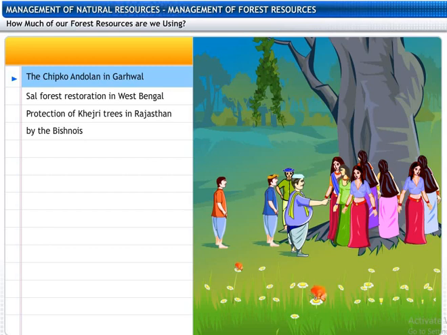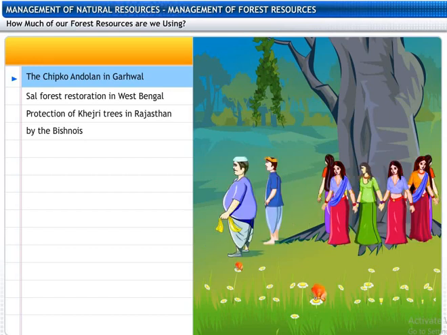This movement forced the government to rethink. The destruction of forests affected not only the availability of forest products, but also the quality of the soil and the sources of water. In 1972, the West Bengal government recognized its failure in reviving the degraded Saul forests.